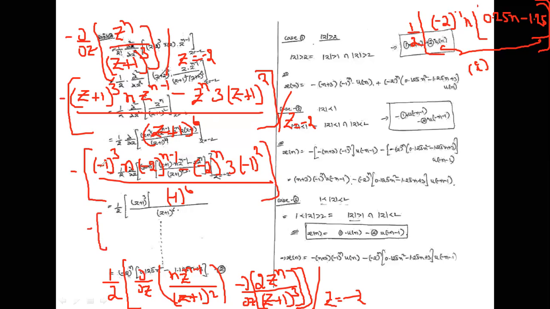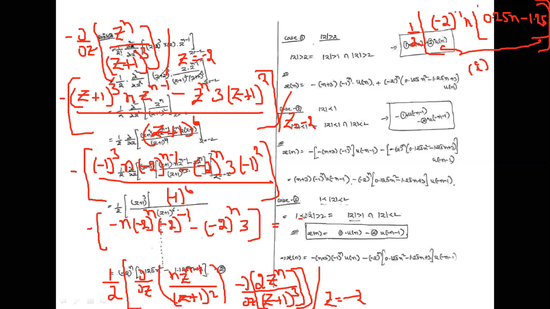Minus of minus 1 whole cube becomes minus n into (minus 2) whole power n minus 1, and (minus 2) whole power n, and 3 into, this is a square, a positive value only, the 3, and divided by 1. You can multiply the two functions, all of it becomes a positive value.